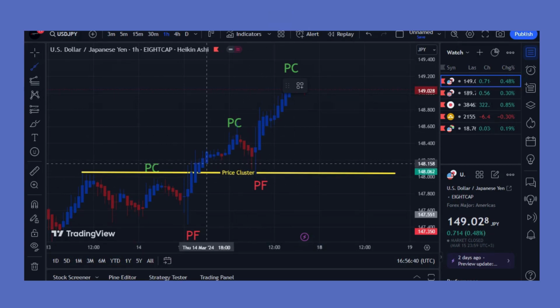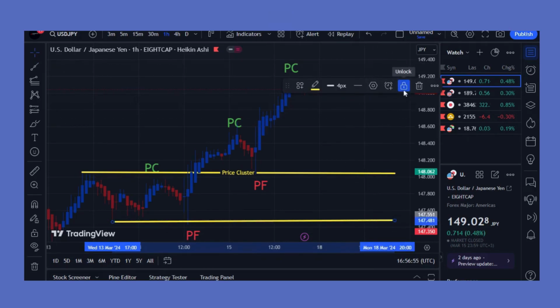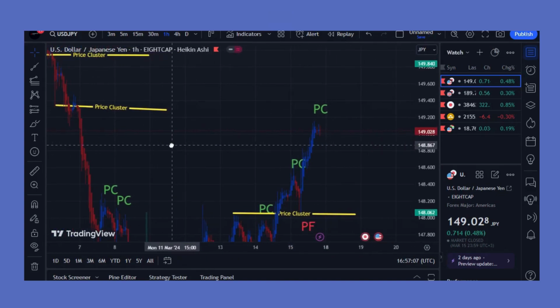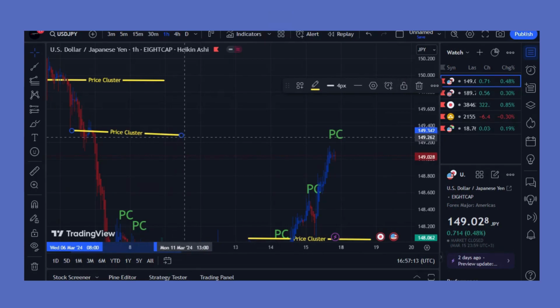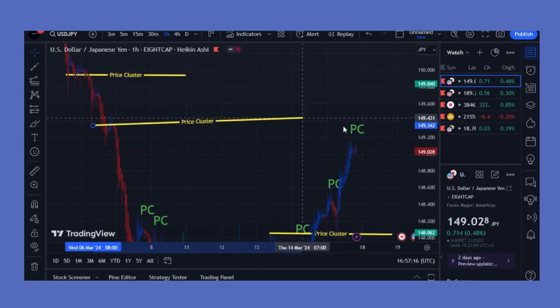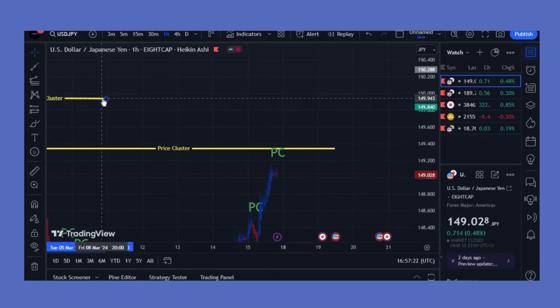There's the price cluster here, and if we go further with the price cluster, still remember our previous analysis, there was a price cluster that was taken somewhere here, and another price cluster here.